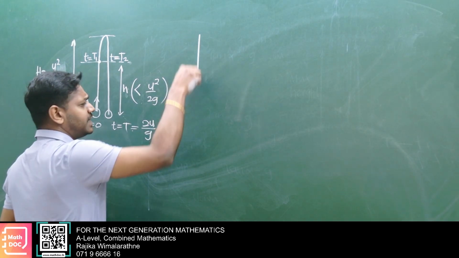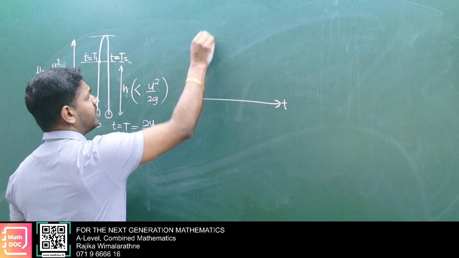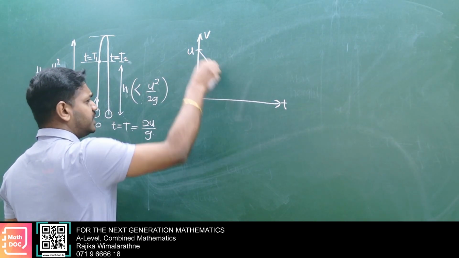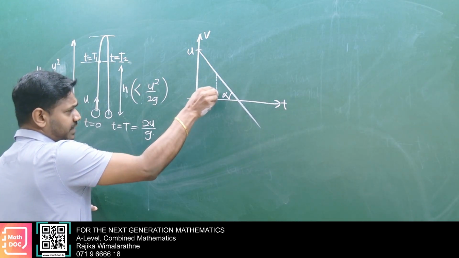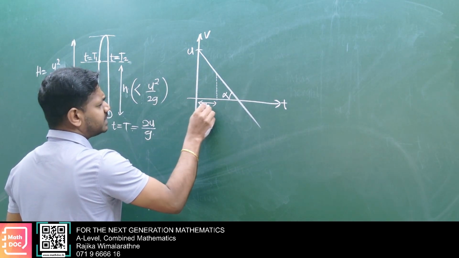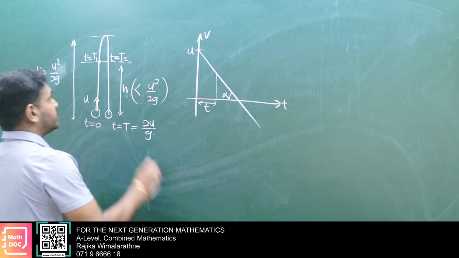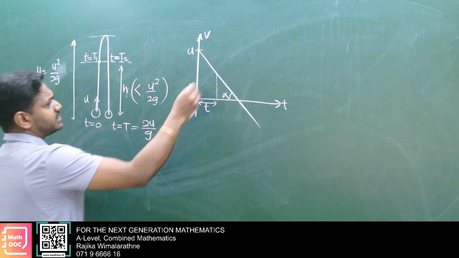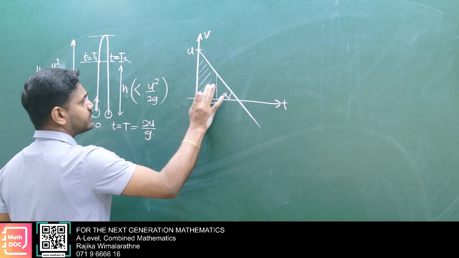So when you consider that, here vt graph, initial velocity u, it motion like this now. So I'm going to consider general one here. So let's take this time simple t. See this one clearly now. So let's take this height simple h. Therefore here this bounded area represents simple h.